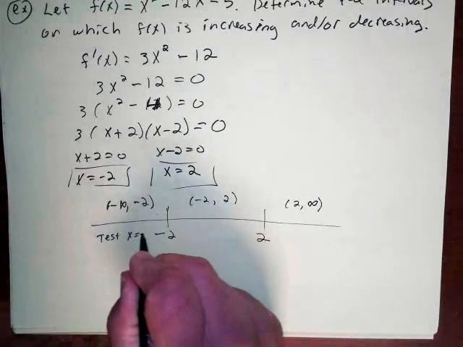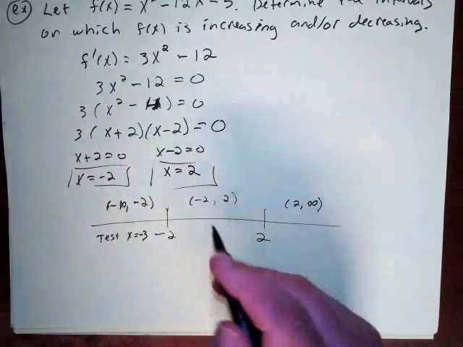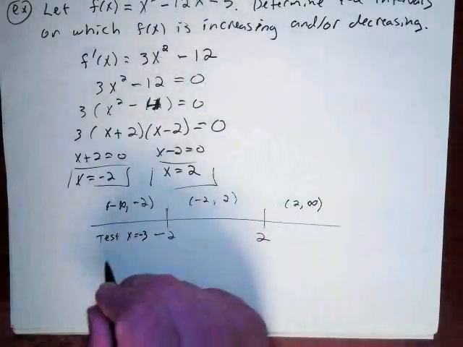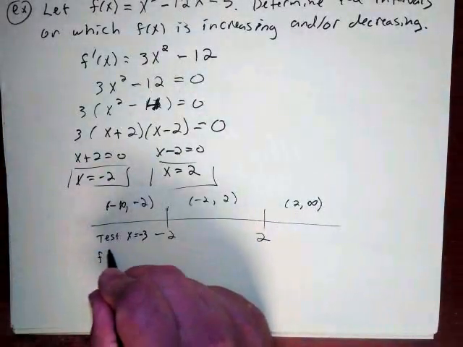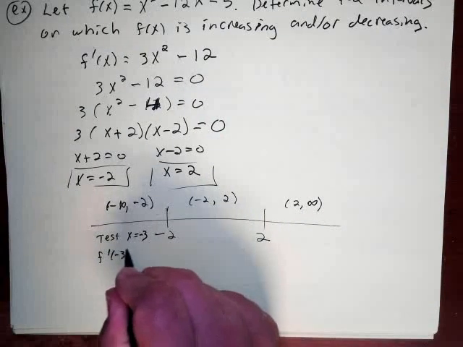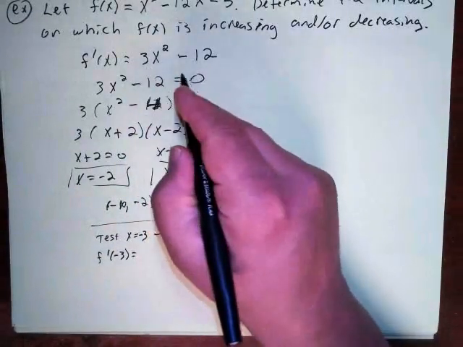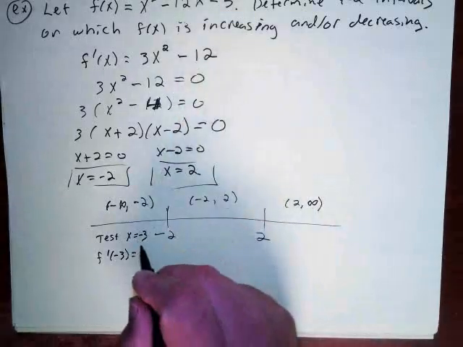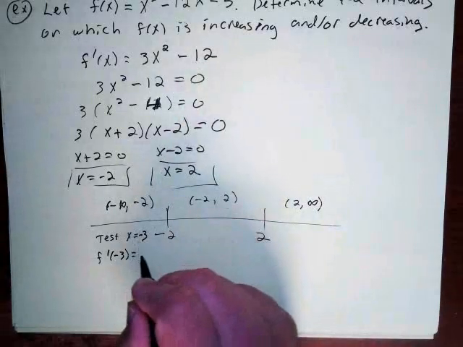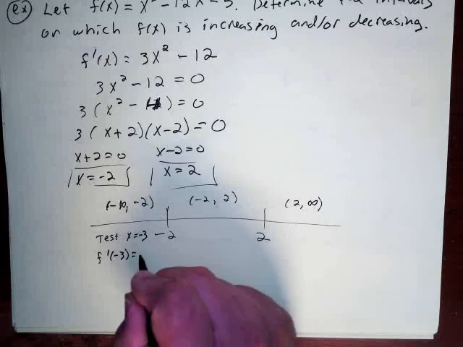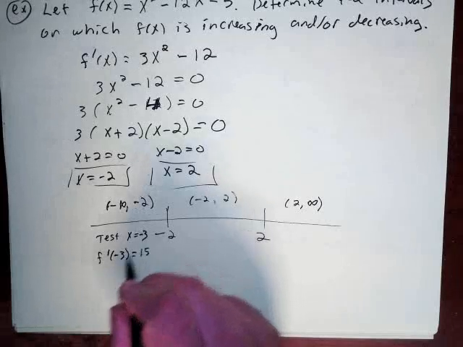So maybe I'll just pick negative 3. Okay, if I pick negative 3, then f prime of negative 3 is going to be 27 minus 12, and that's going to be 15, positive 15.